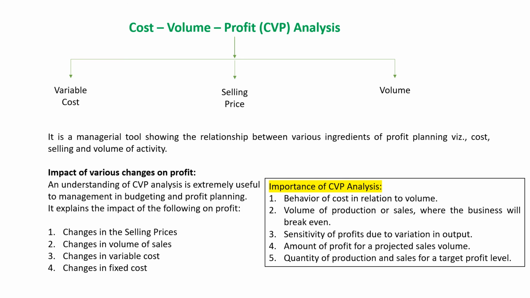If a certain level of output is produced and sold, what will be the profit estimate, and similarly if I need a certain level of targeted profit, then what quantity I have to produce and sell. These are the important information which this analysis provides to the management for taking managerial decisions with respect to introduction of a new product or continuing of an existing product or discontinuing of an existing product.